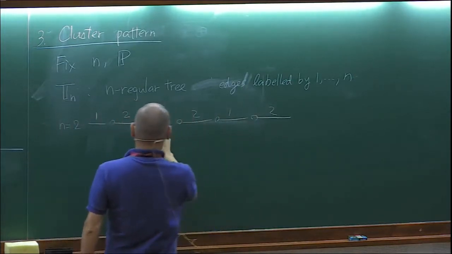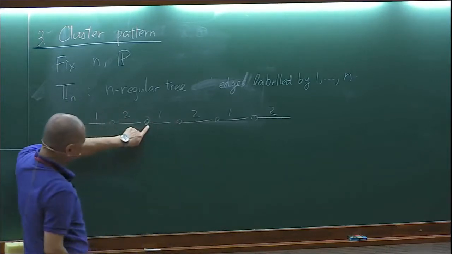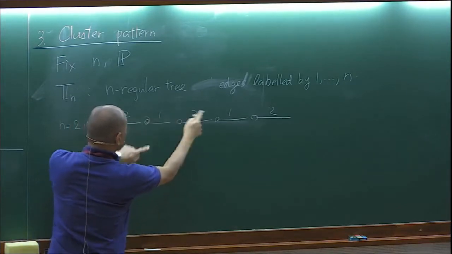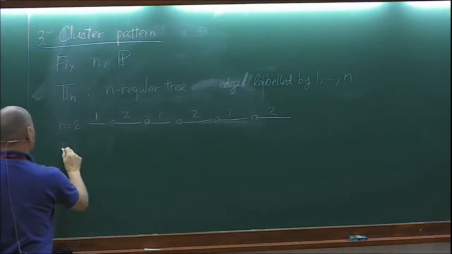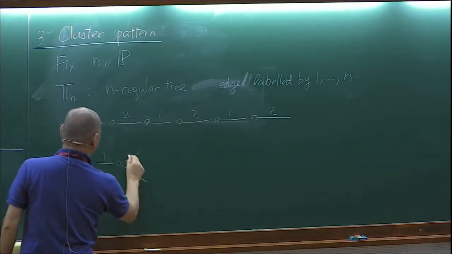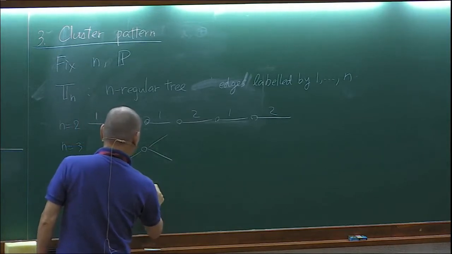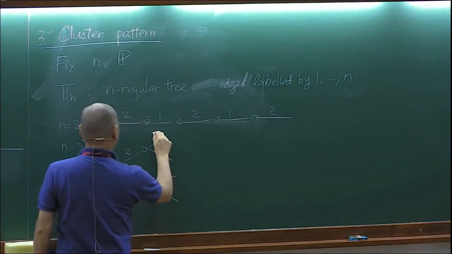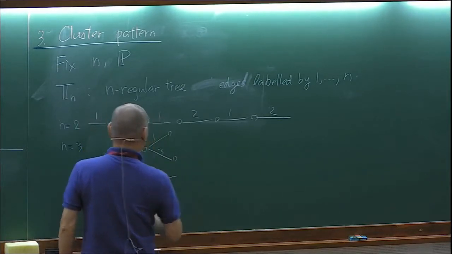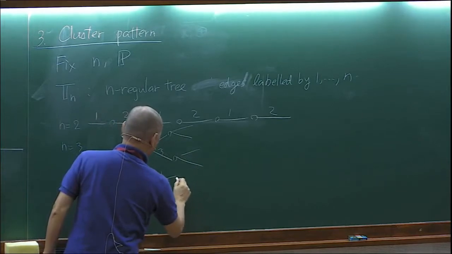From each vertex there are two edges, labeled by 1, 2. Then the n equals 3 case. You can always write just this most universal tree graph. Yeah. So this is T_n.